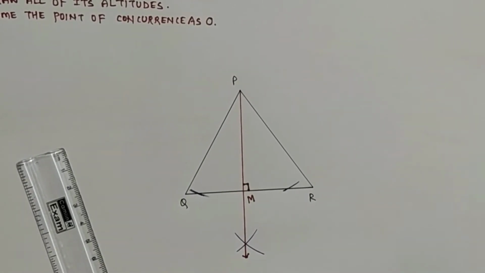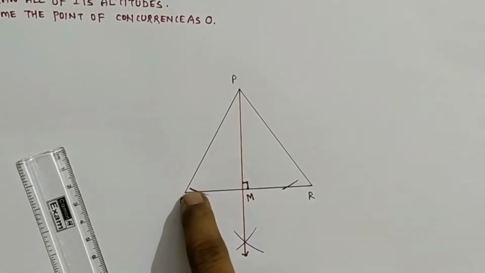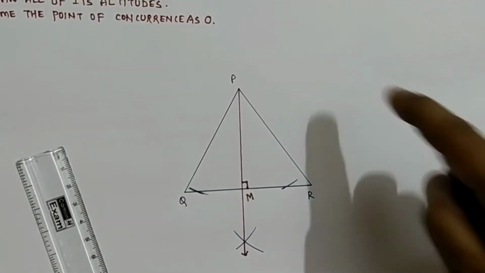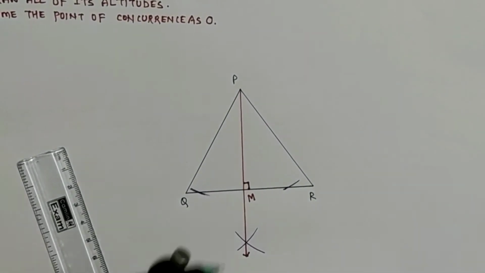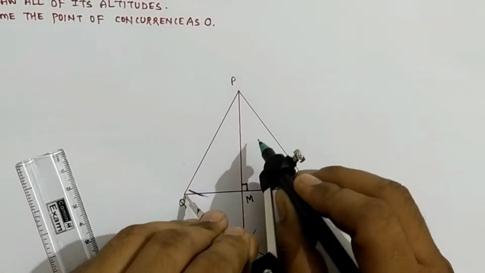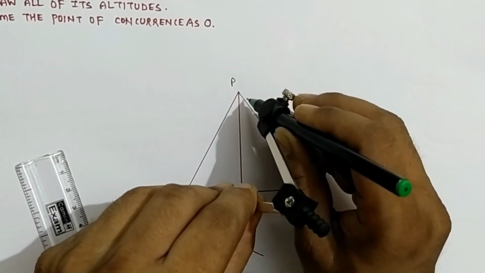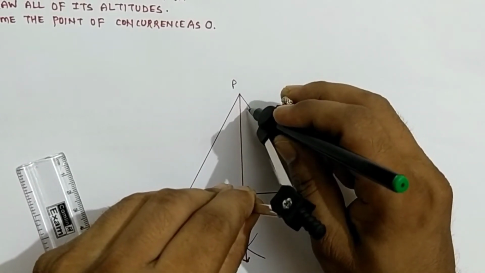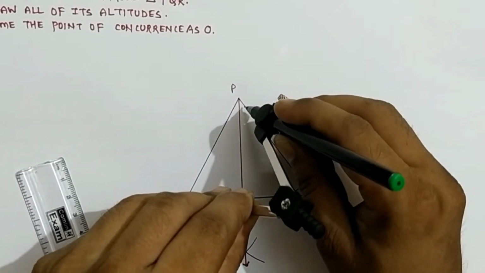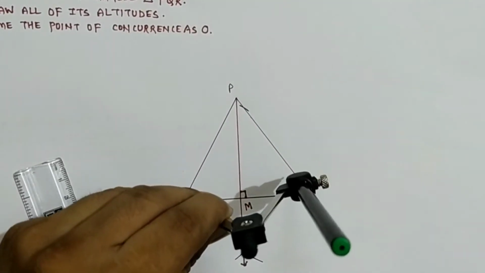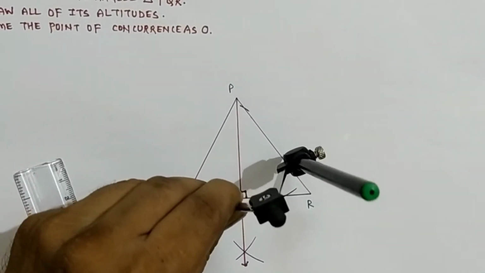Now we'll go for the second altitude. From this point Q on this opposite side PR, we have to draw the altitude. Take the rounder, keep it on point Q, and on this opposite side you are going to cut two arcs. You can take proper distance for that. This is one arc here and the second arc, you can see.